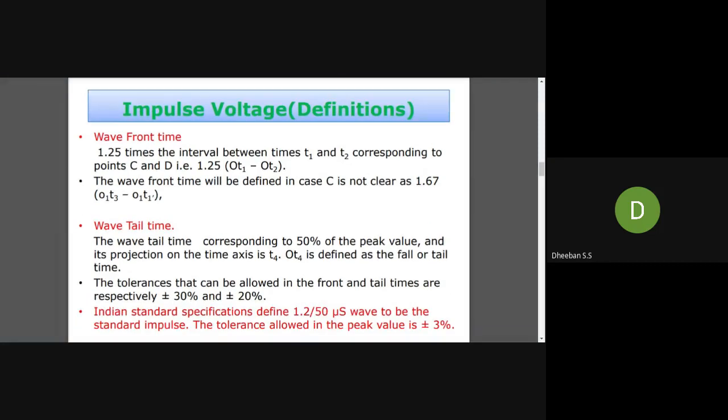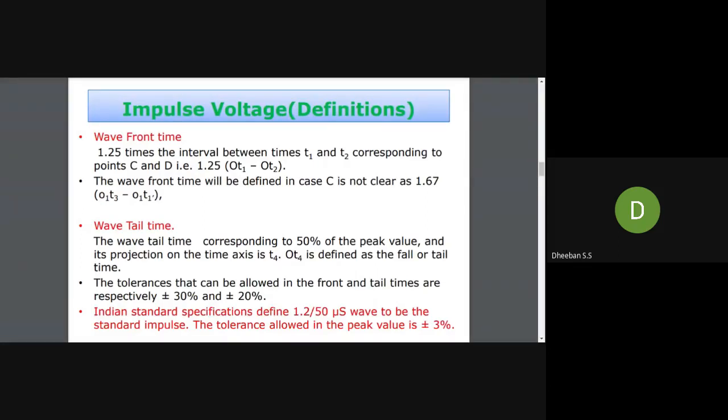So in general, as per the Indian standard specification, there are some standards through which these waves are being predefined. For example, you know about IEEE standards, right? IEEE standards you may have gone through in your power electronics course, and then IEC standards also there.